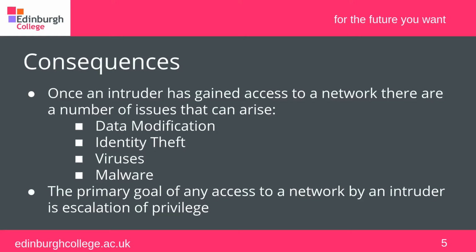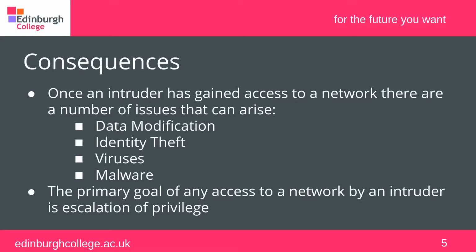And what we need to consider is, if we have a hacker, someone with malicious intent, their primary goal is escalation of privilege. So if you think about privilege as being a circle of control, the lowest level of privilege would be no access to the network at all.